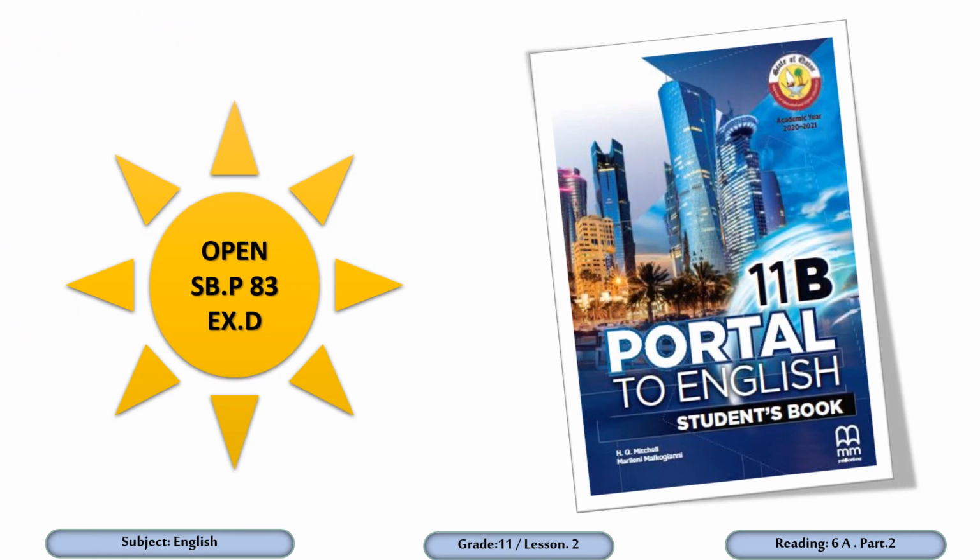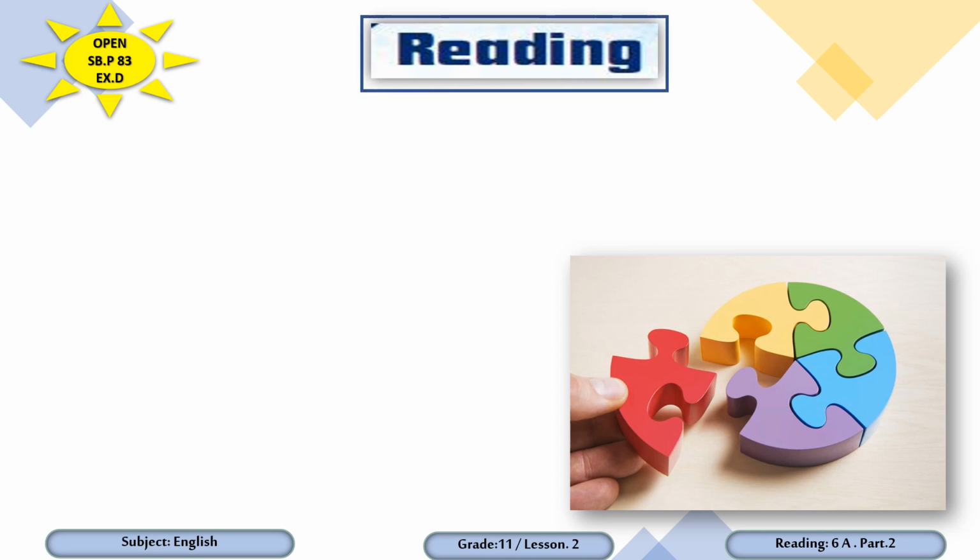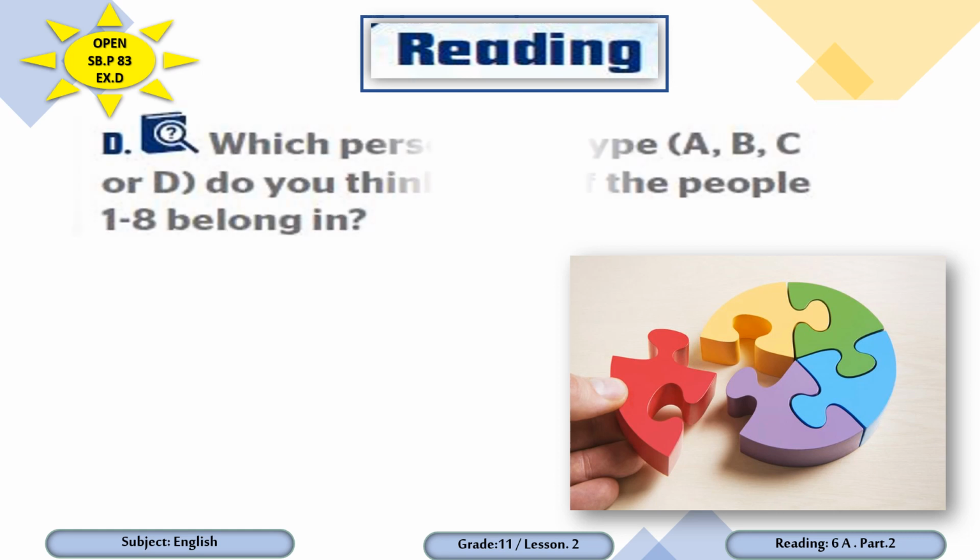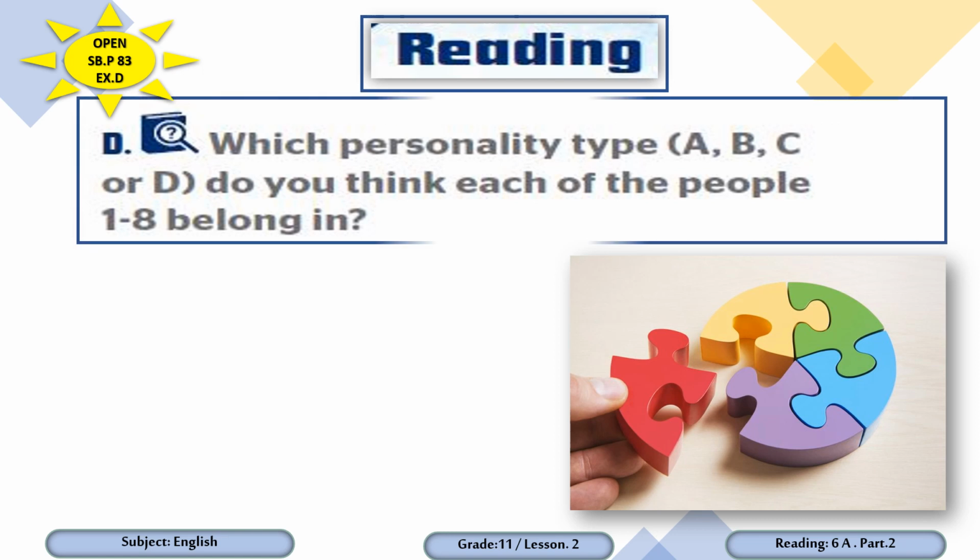Dear students, now please open Student's Book, page 83, exercise D. Please make sure that you're opening your Student's Book on page 83, exercise D. Which personality type A, B, C, or D do you think each of the people 1 to 8 belong in?